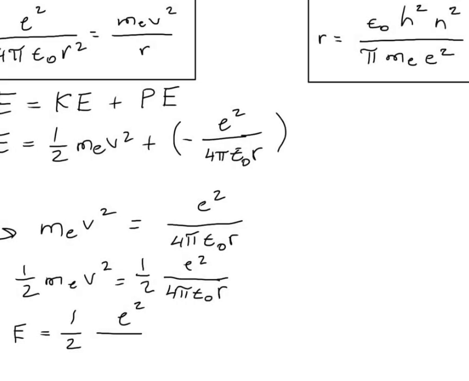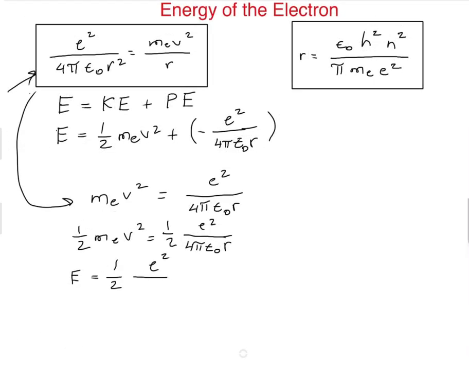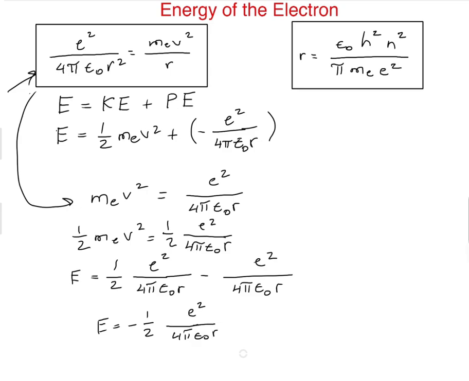Now we substitute this kinetic energy back into the original energy. We get E is equal to 1/2 e squared divided by 4 pi epsilon r minus e squared over 4 pi epsilon r, and when we combine terms, E is equal to negative 1/2 times e squared over 4 pi epsilon r.